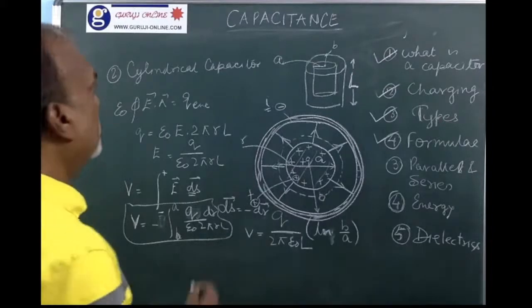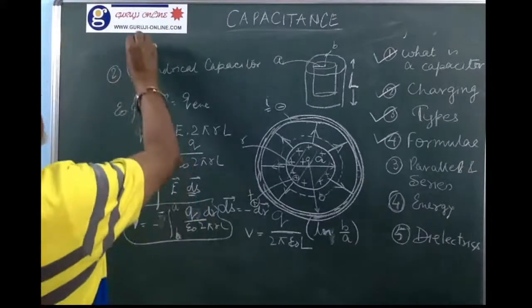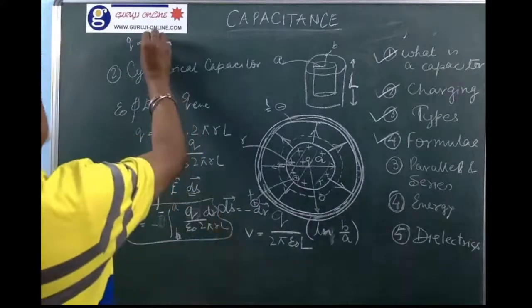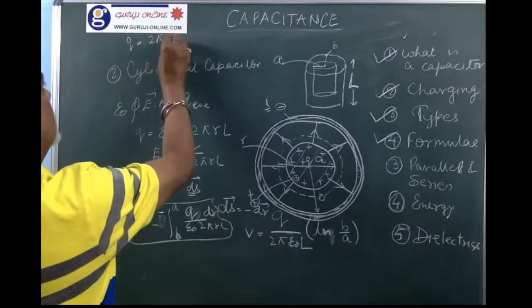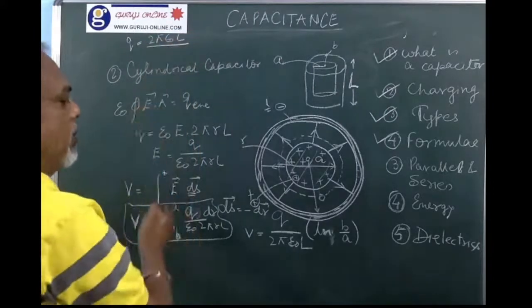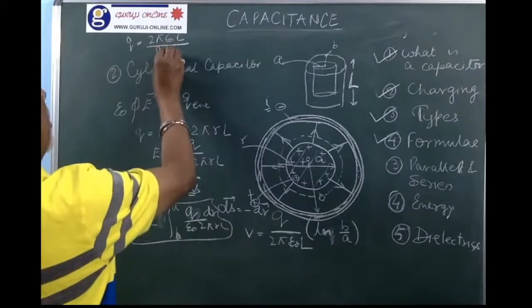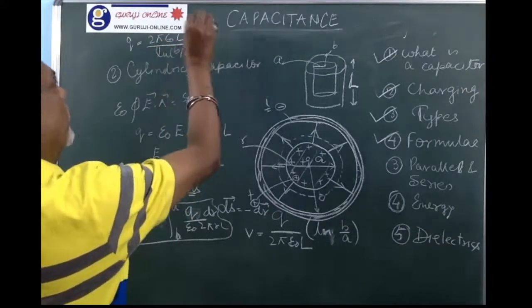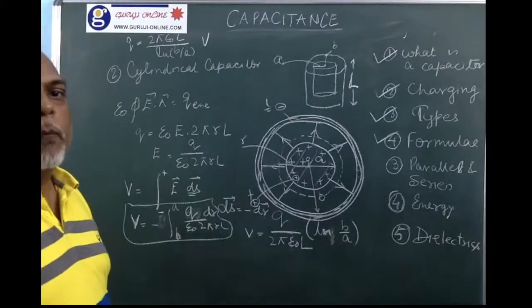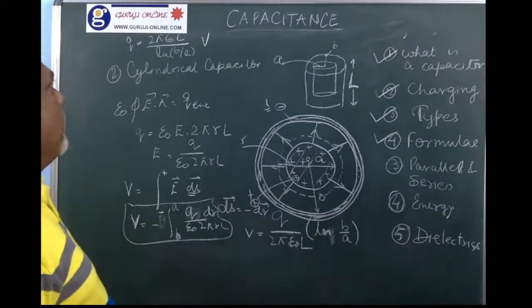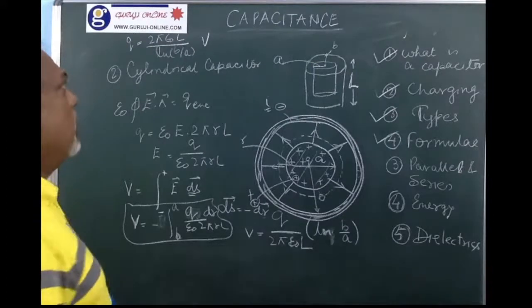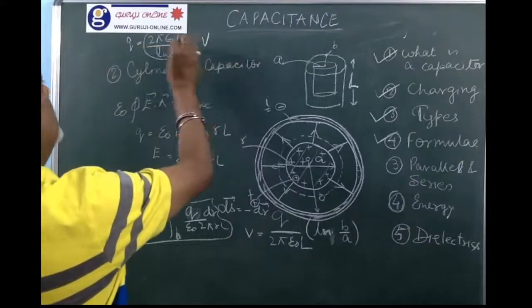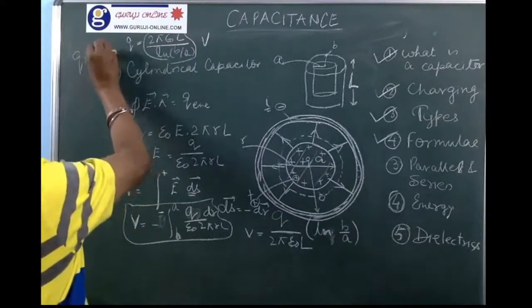Now it can be rearranged. Q is equal to 2 pi epsilon 0 L upon log B upon A into V. Correct? What is this? This is nothing but Q is equal to CV.